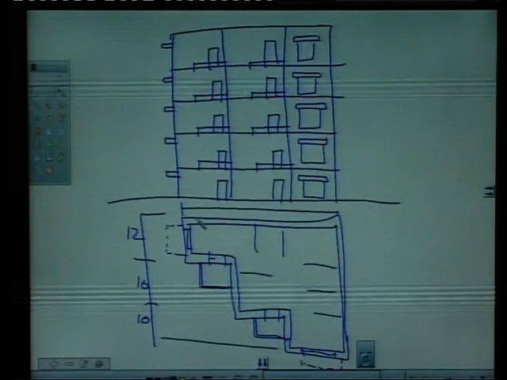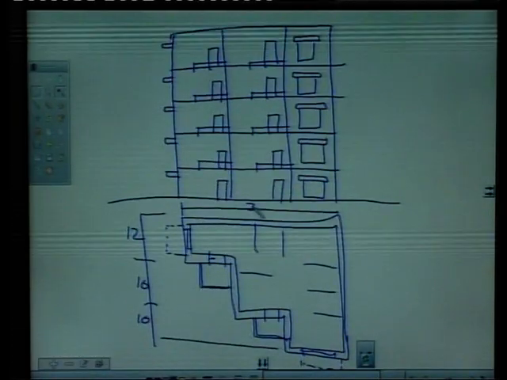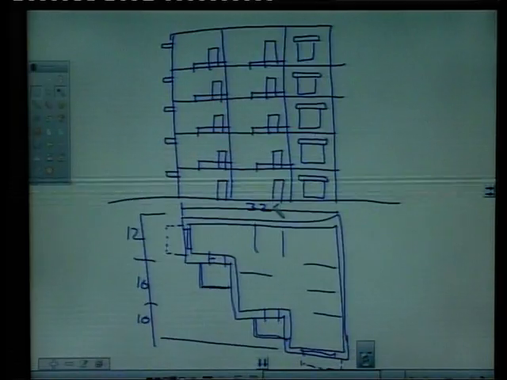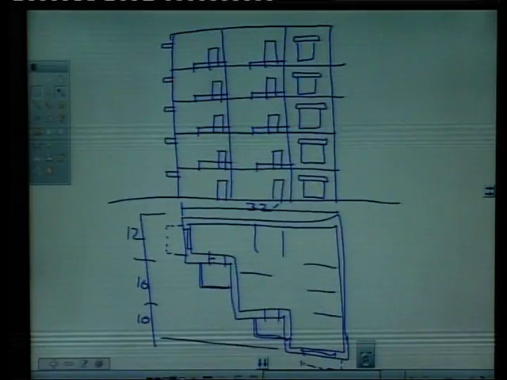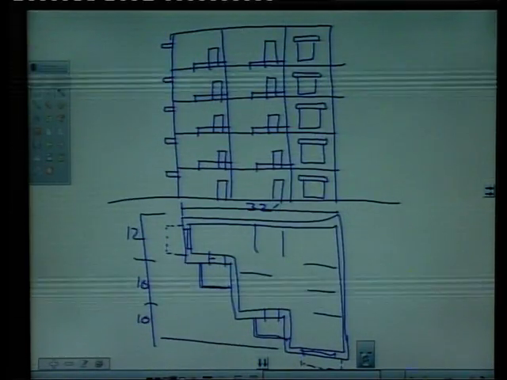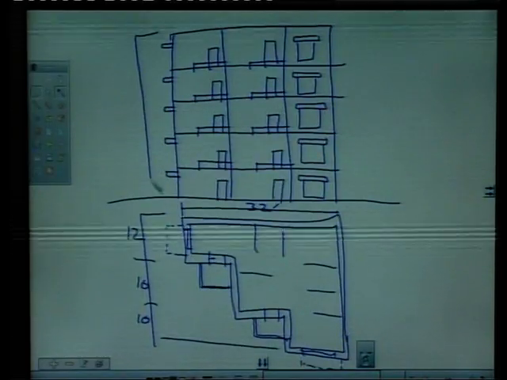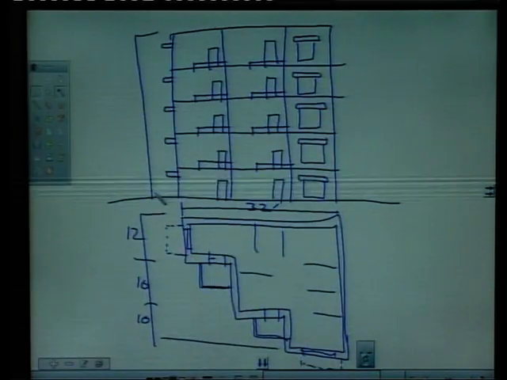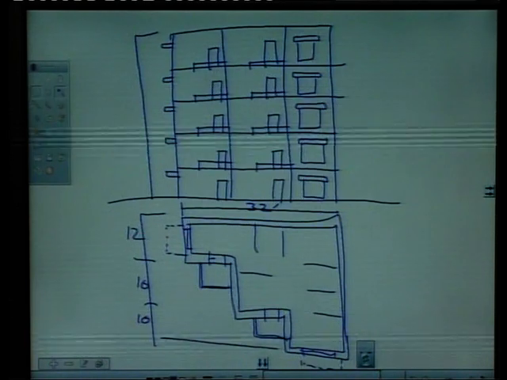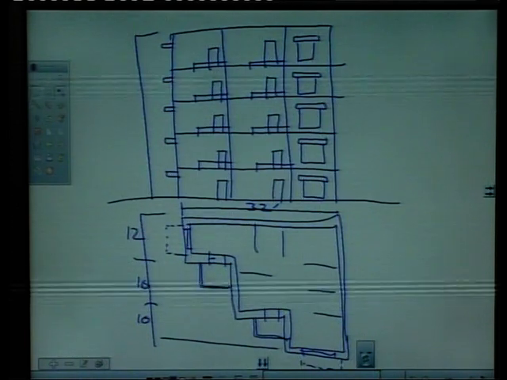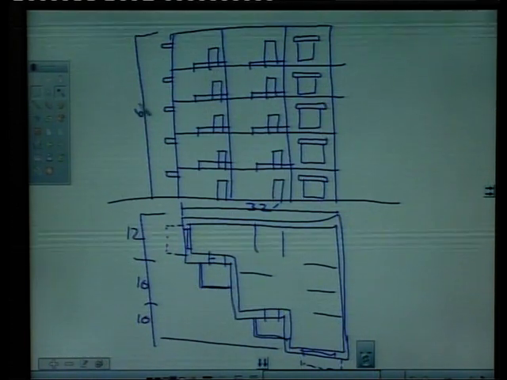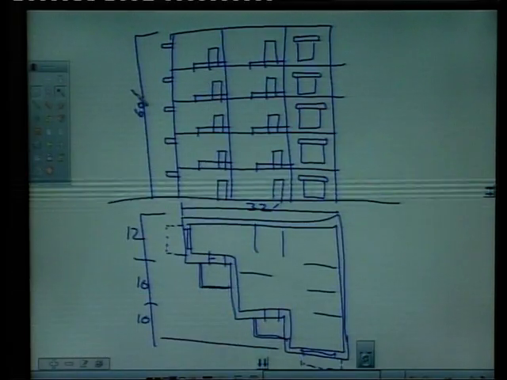Say 1 to 30, 32. Say this is also 32 feet, right, and this is also 32 feet, and total height is say, 5-story building means 50 plus parapets plus internal floors, say roughly 60 feet, right.